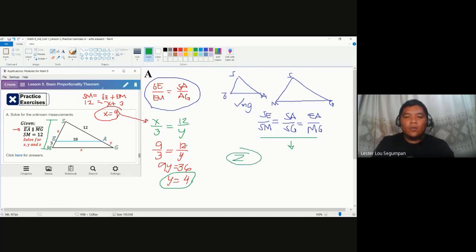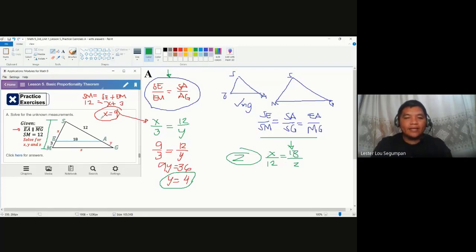Why? Because again, EM and AG from this statement are not sides, but just segments cut from the side. So we will use SE, which is given to be x, over SM, which is 12, and pair it with EA, which is 18, over MG, which is z.